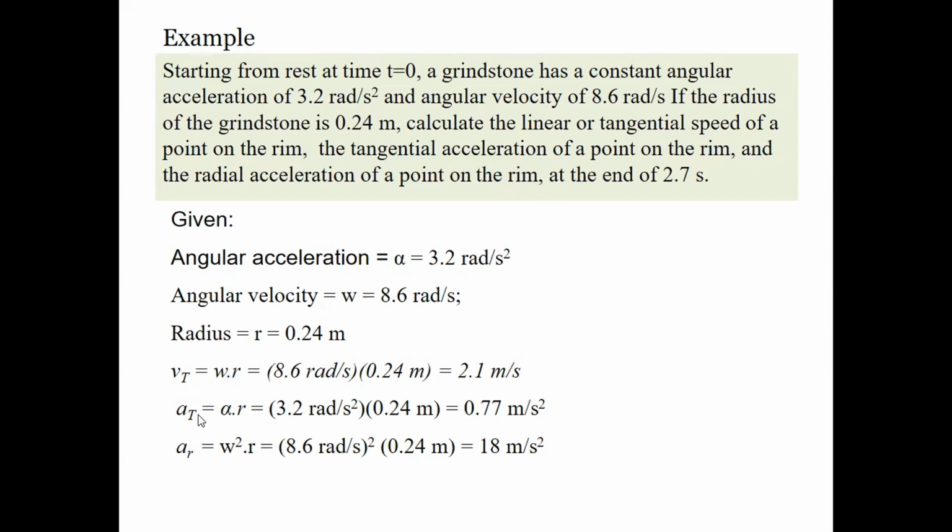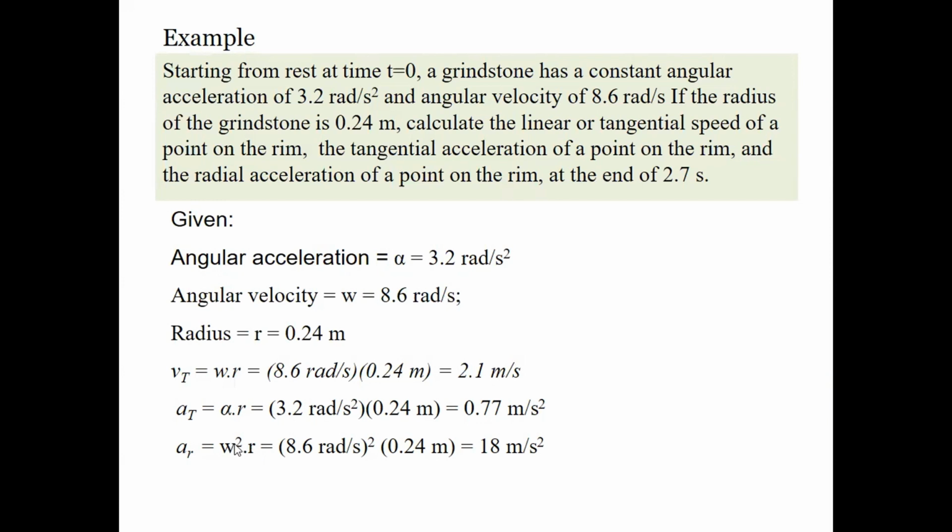Similarly, the tangential acceleration is alpha times r, so alpha is 3.2 radians per second squared, and r is 0.24 meters. Therefore, the tangential acceleration is 0.77 meters per second squared. The radial component of the acceleration, or the centripetal acceleration, is given as omega squared times r.